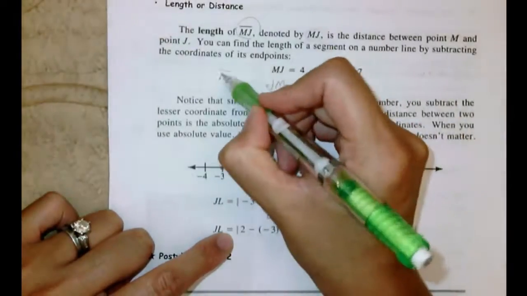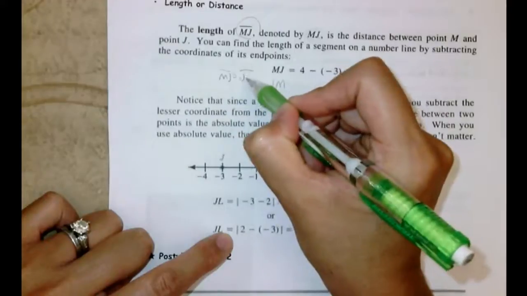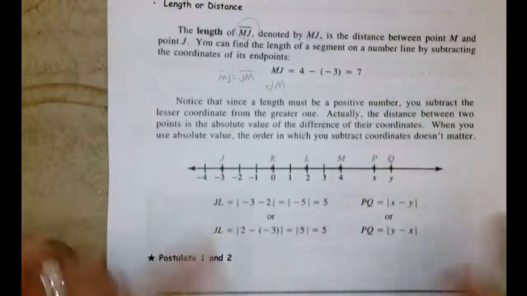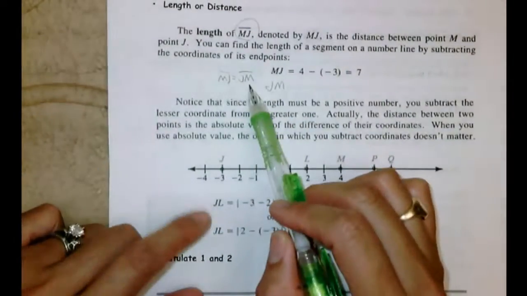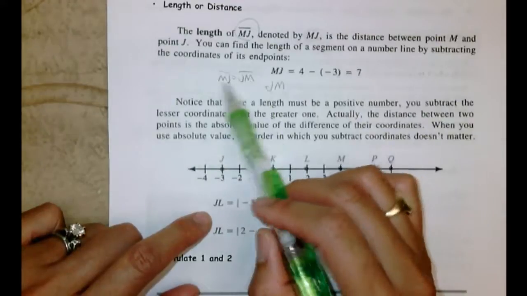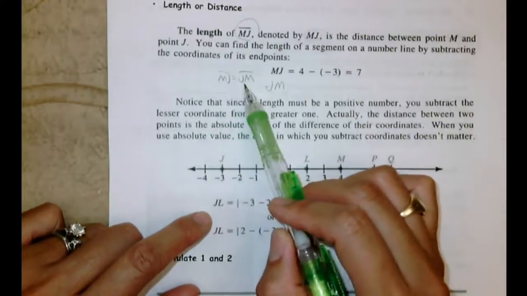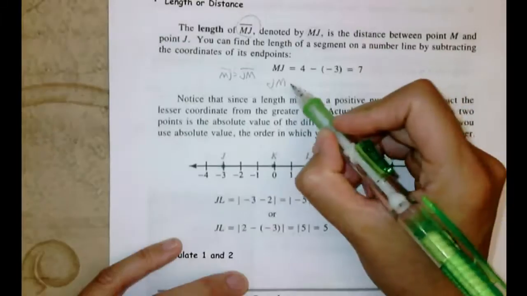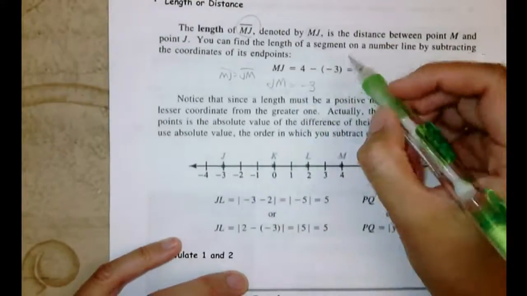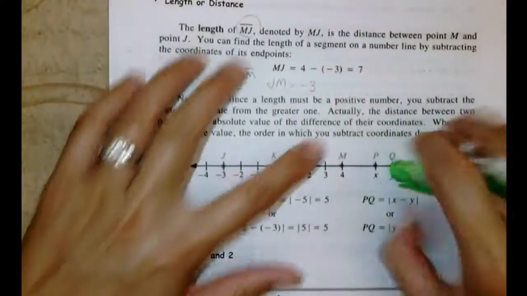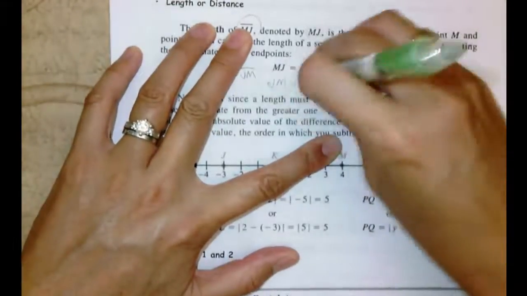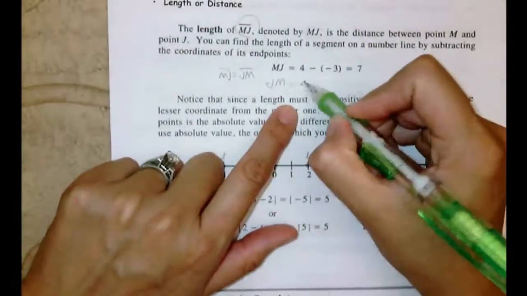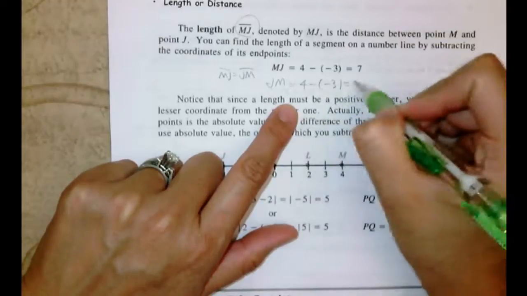Actually, the segment MJ is the same as the segment JM. Okay, the order, the direction doesn't matter. The ray does matter, but for lines and segments, the order of the letters doesn't matter. So even if we change the order, you still do 4 minus minus 3 equals 7.